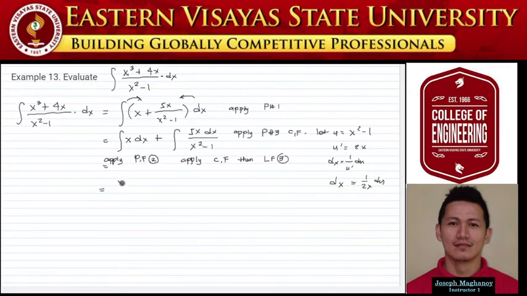So if you're going to apply our correction factor, so 5x, our dx will be 1 over 2x du. Then replace our x squared minus 1 by our u.